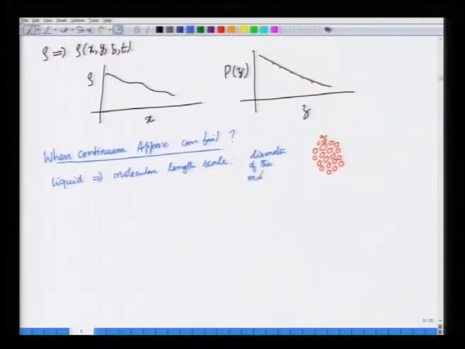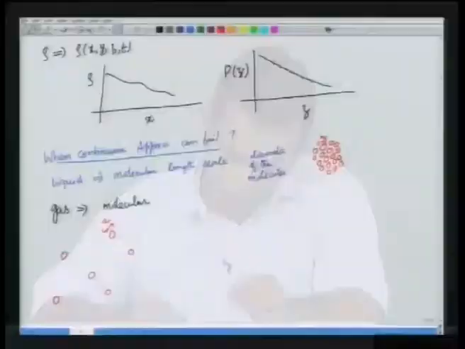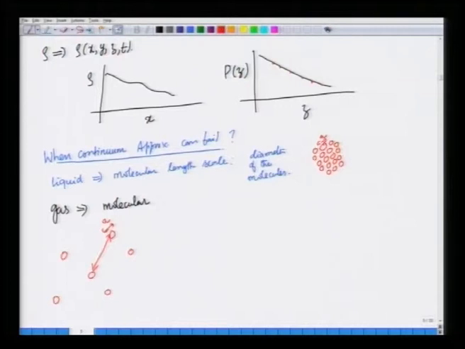But if you consider a gas, the molecular length scale is not really the diameter of the molecule, because a gas, if you remember, is very dilute. So the molecules are well separated. Even though the diameter of the molecule is still a, the relevant length scale here in a gas is not the dimension of the molecule itself, but it is called the mean free path. Let us denote it as Lm.